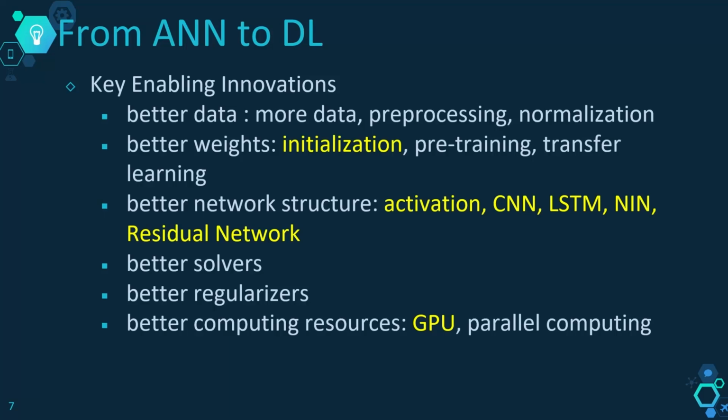And also for data, we need to have better pre-processing techniques. Because previously, when we were dealing with classic machine learning, we only had a very small amount of data, so it was easy to treat. But as we move from those simple data to complicated data, usually we need much more complicated pre-processing techniques. We also need to do normalization.